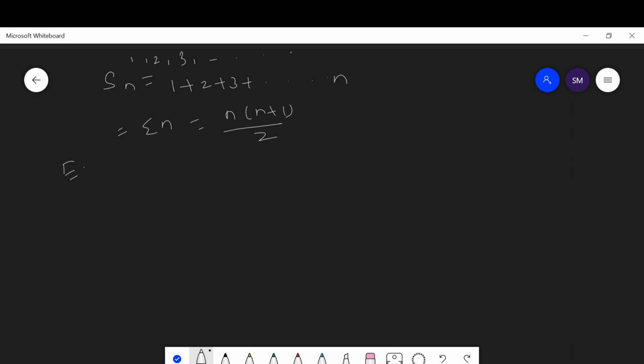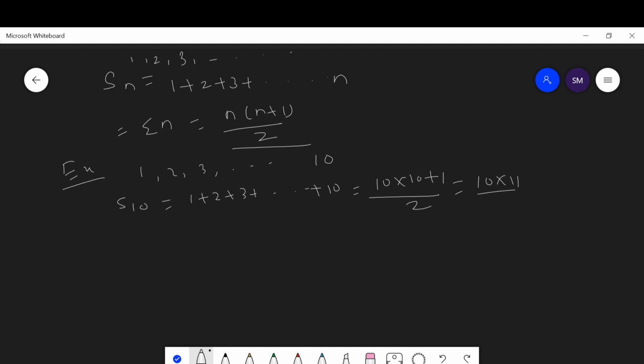For example, to find the sum of the numbers 1, 2, 3, 4, 5, 6 up to 10, S of 10 is 1 plus 2 plus 3 up to 10. By applying this formula, it is 10 into 10 plus 1 upon 2, which means 10 into 11 upon 2, equal to 55.